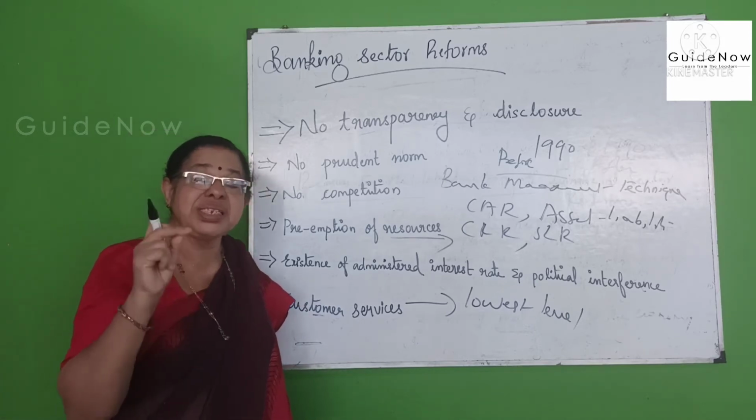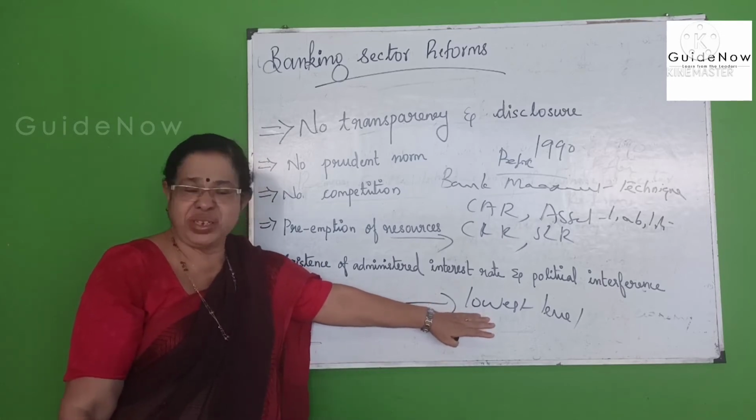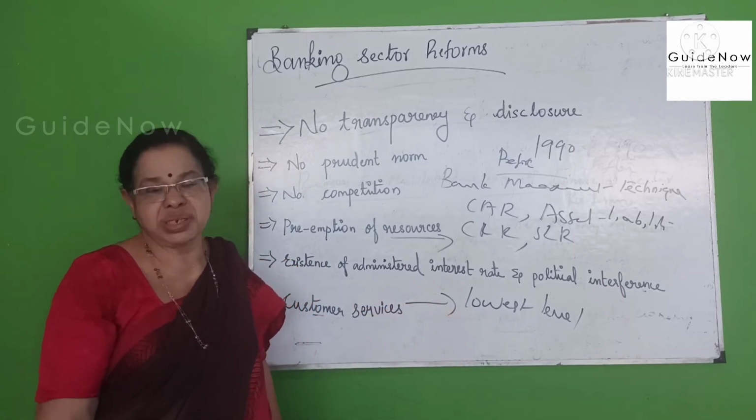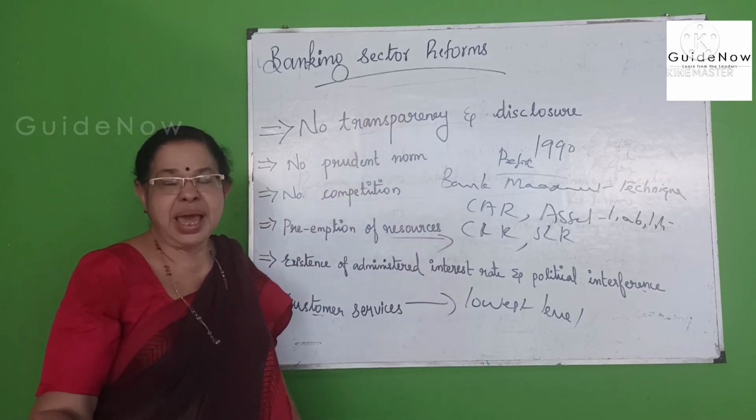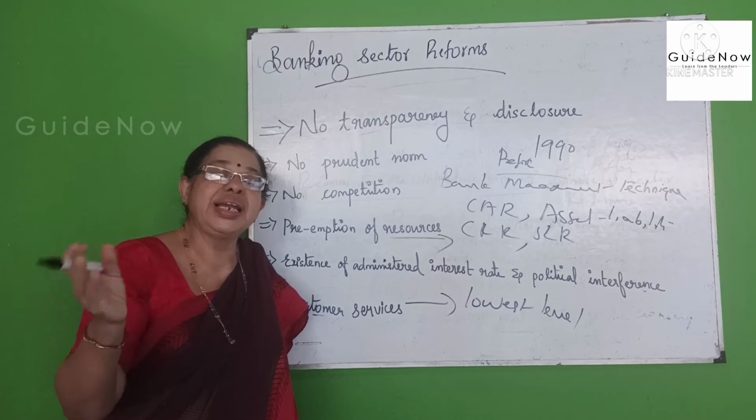So customer services of the public sector banks may be at the lowest level and do not satisfy customers. These are the main problems faced by the banking system before 1991.